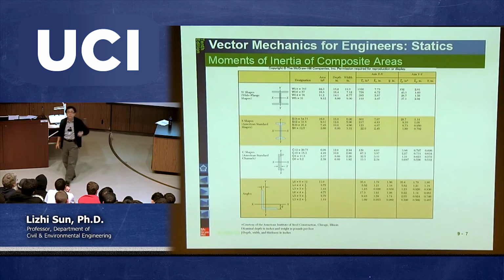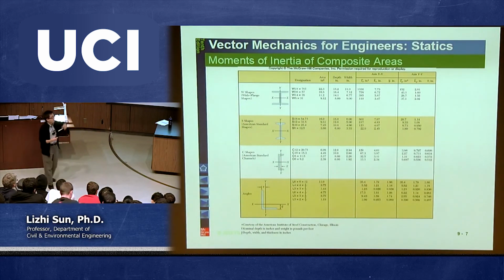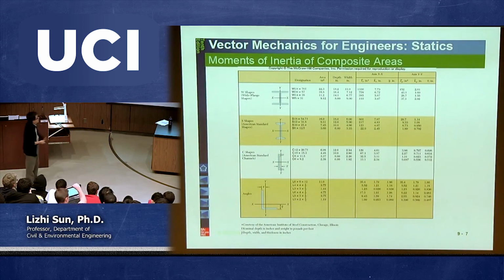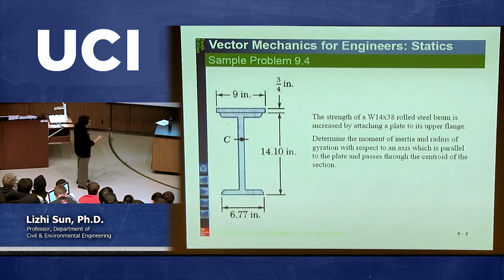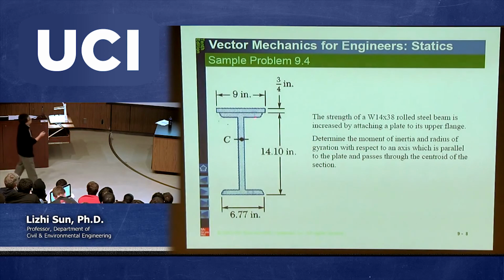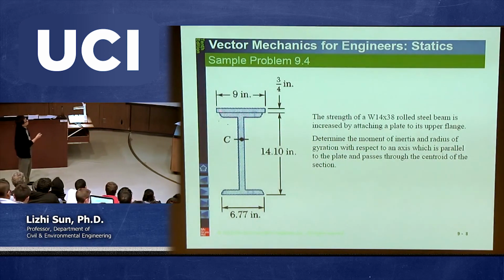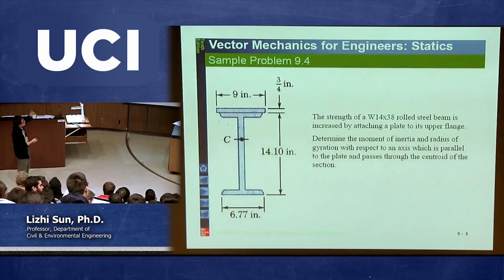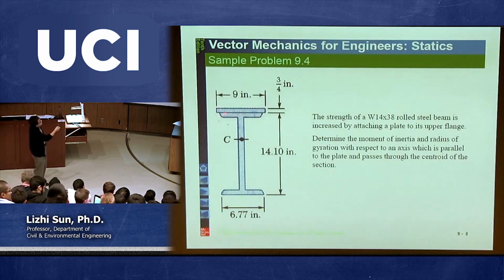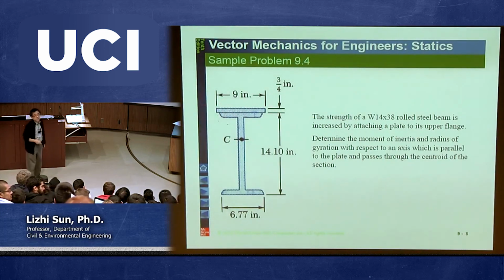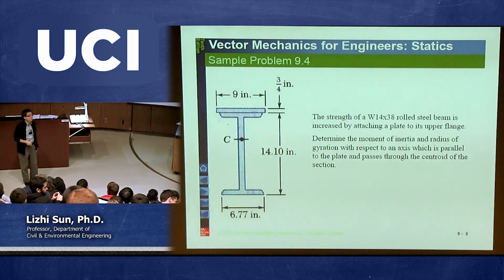Each part is rectangular shape. And then you add them together using that kind of chart. Okay? I think next time I'm going to talk about the moment of inertia calculation based on this one. This is a little bit different from the previous one, because I have something additional on top of this. So then how are we going to calculate the moment of inertia based on that?